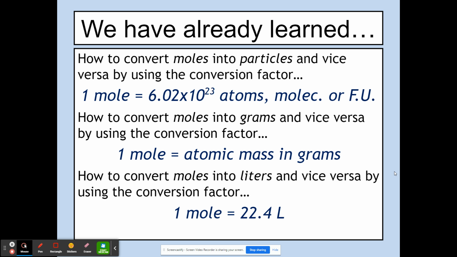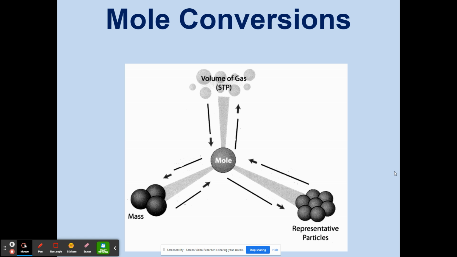And then our third conversion factor is that 1 mole of any gas is equal to 22.4 liters of any gas. Okay, so we're at the point where you know all three of these conversions.